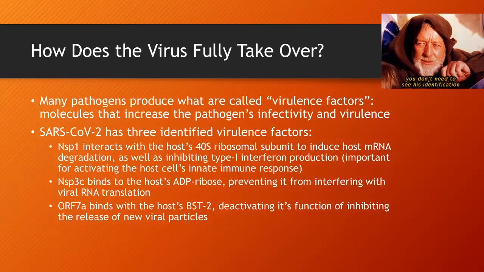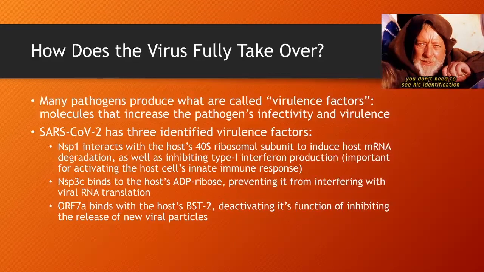And then the last one is ORF7A, which binds to the host BST2, deactivating its function and inhibiting the release of new viral particles. So BST2, it's another thing that your cell has that tries to identify cellular products that are about to be disseminated outside of the cell and stop that from occurring.